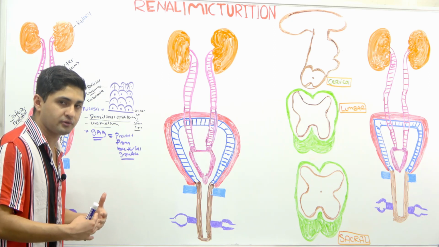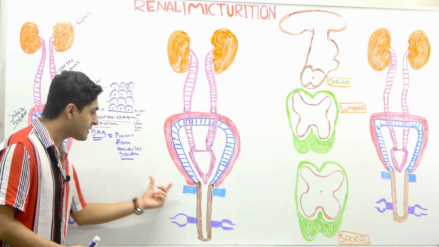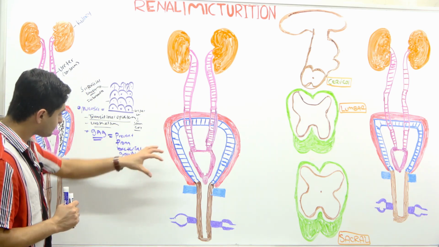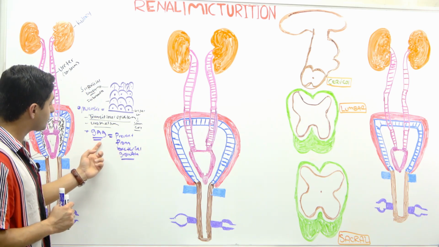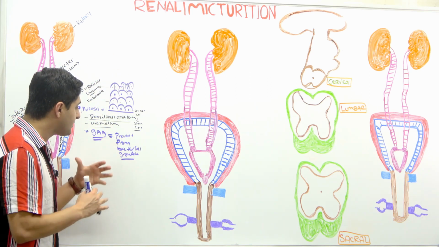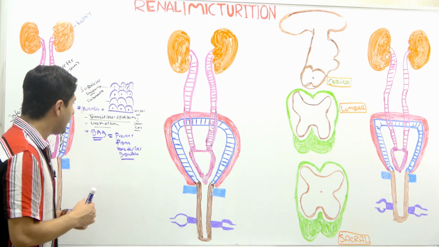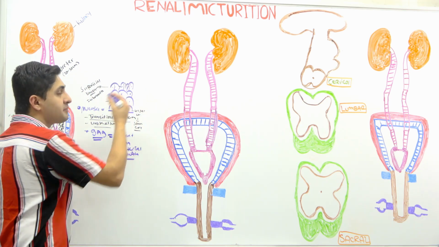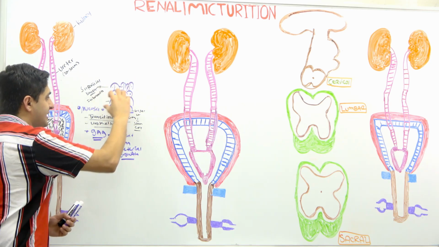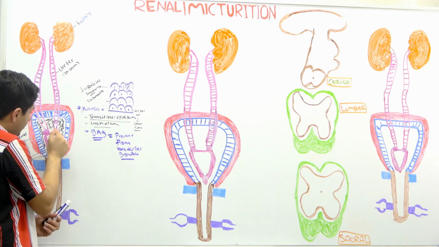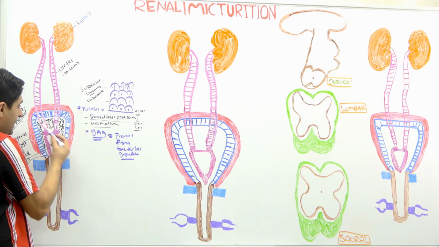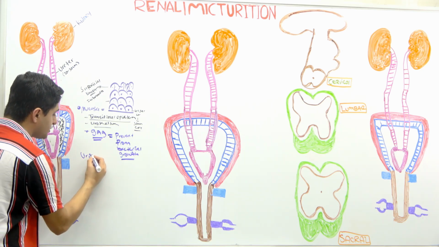So it's more common for females to get urinary tract infections because bacteria can easily get inside. But remember, the glycosaminoglycans secreted by the urothelium are very important for preventing bacterial growth there. Now, about the permeability barrier: urine is coming down here, and what is the composition of urine?